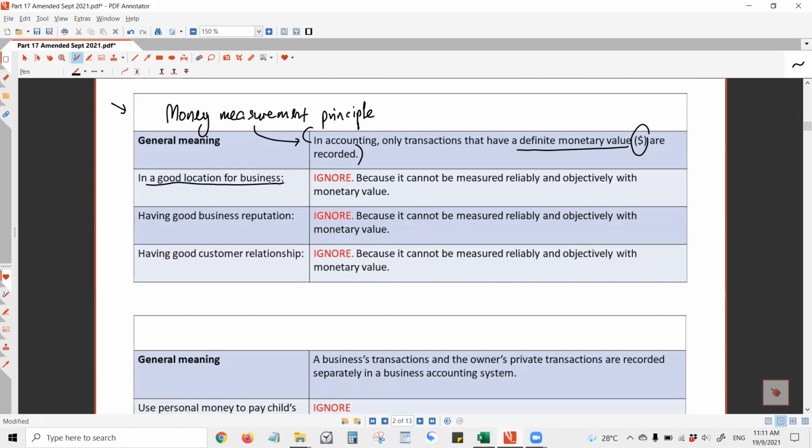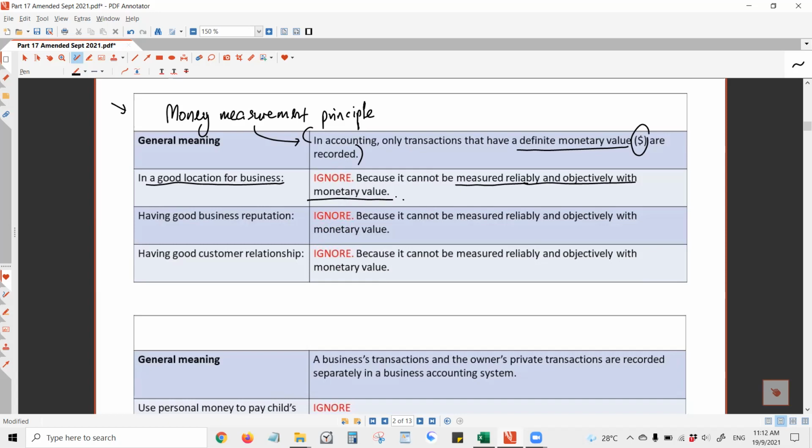Good location, for example, your business is in the city center instead of being in the rural area. So being in a good location is an asset to us, right? Because that helps us a lot in our business in generating profit. This is an example of something that you cannot measure reliably and objectively with monetary value.